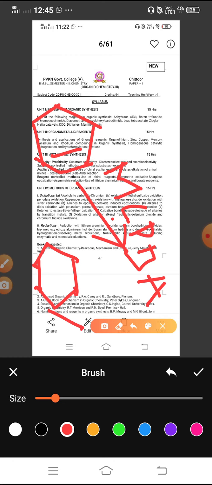See here, this is the epoxy. Cyclohexene is treated with MCPBA, metachloroperbenzoic acid. The product is epoxide. So here the double bond is broken. Oxygen directly attacks this double bond, converting it into an epoxide.